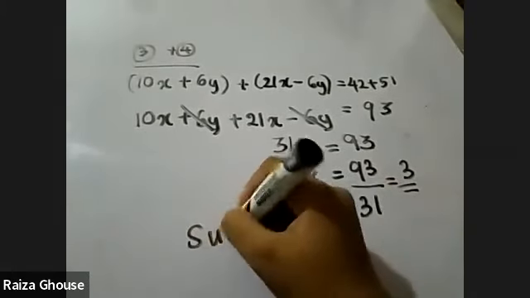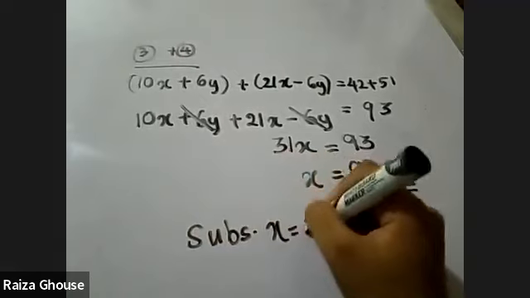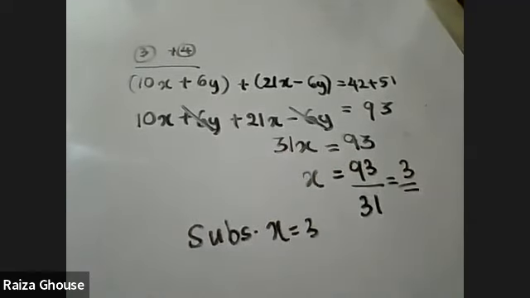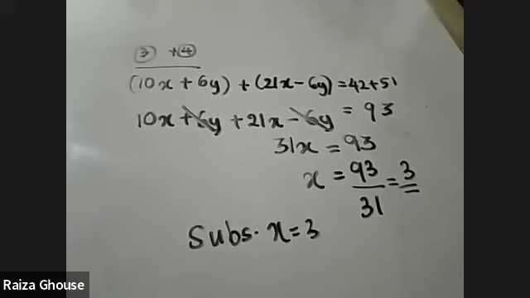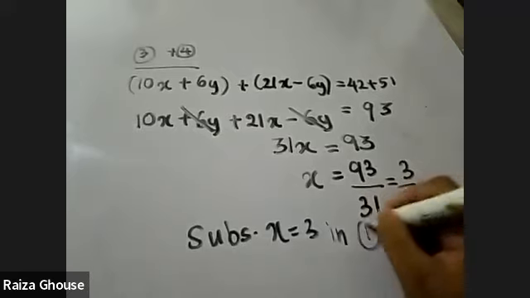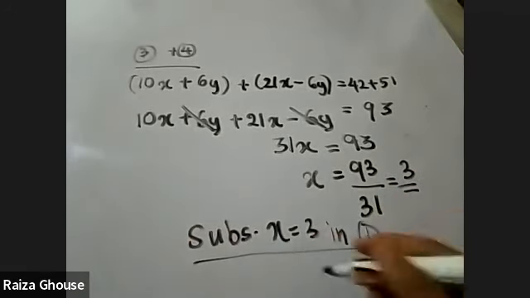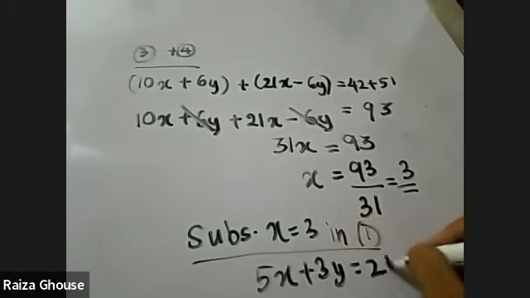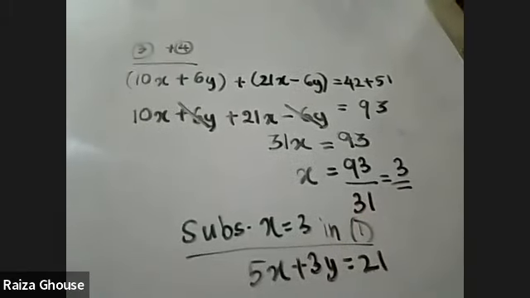Other part is easy. Substitute x equal 3 in any equation. In this case, children, you can take your first equation, second equation, third equation, or any equation. So I'll take my first equation. In my first equation, I wrote 5x plus 3y equal 21. So if I substitute, what am I getting here?